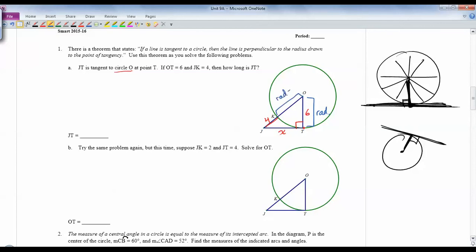So this also equals 6, which means if I draw the triangle by itself, this part's x, this part's 6, and this part is 4 plus 6, which is 10. So now I can do Pythag. 6 squared plus x squared equals 10 squared. And if you work that out, you'll get x is 8, and x is JT. So we get 8.